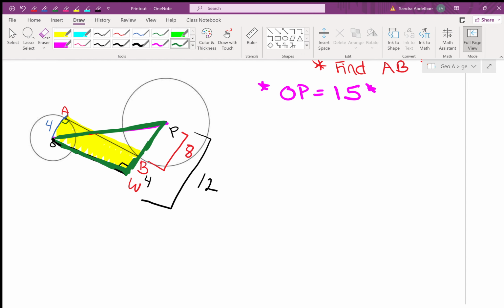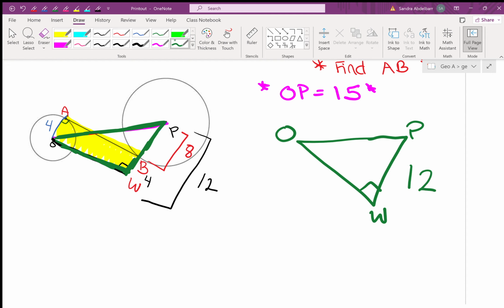Do you see this triangle? I'm going to use this triangle, OPW. W is a right angle. PW is 12. And didn't we already know about OP?